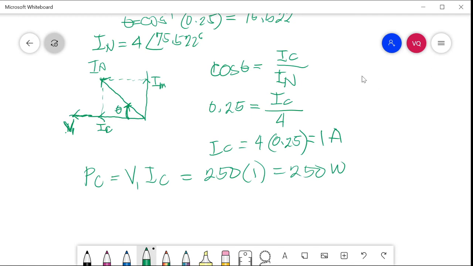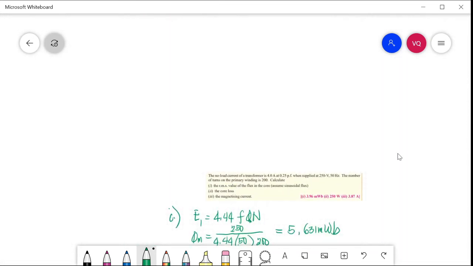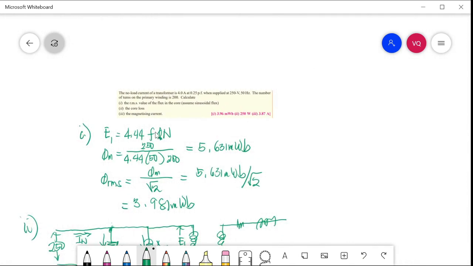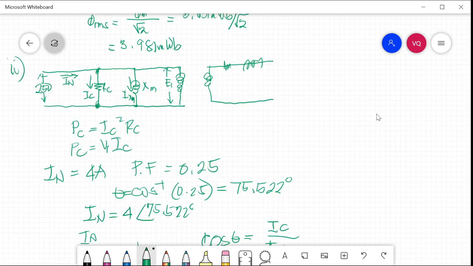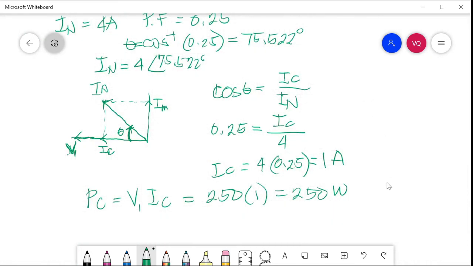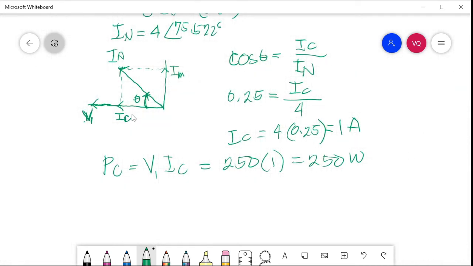Next, unknown is the magnetizing current, IM. Using Pythagorean Theorem, we can solve IM, di ba? Kasi alam na natin yung IC and given naman yung IN.